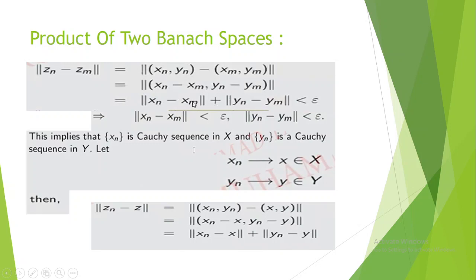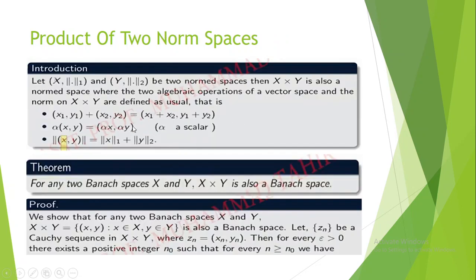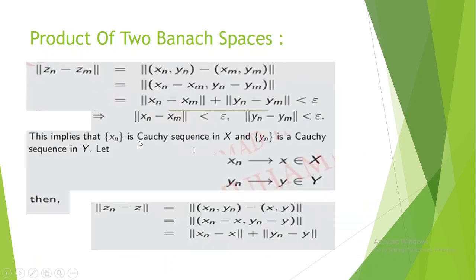Now, as we defined earlier, the norm on this Cartesian product will be this. So we see here that the norm of this will be the norm of xn minus xm plus the norm of yn minus ym, which is less than epsilon, some positive number.